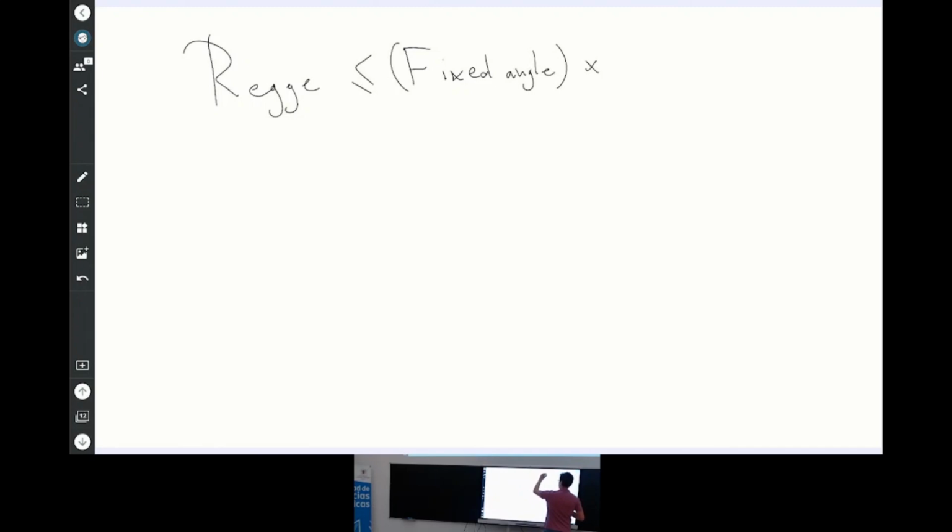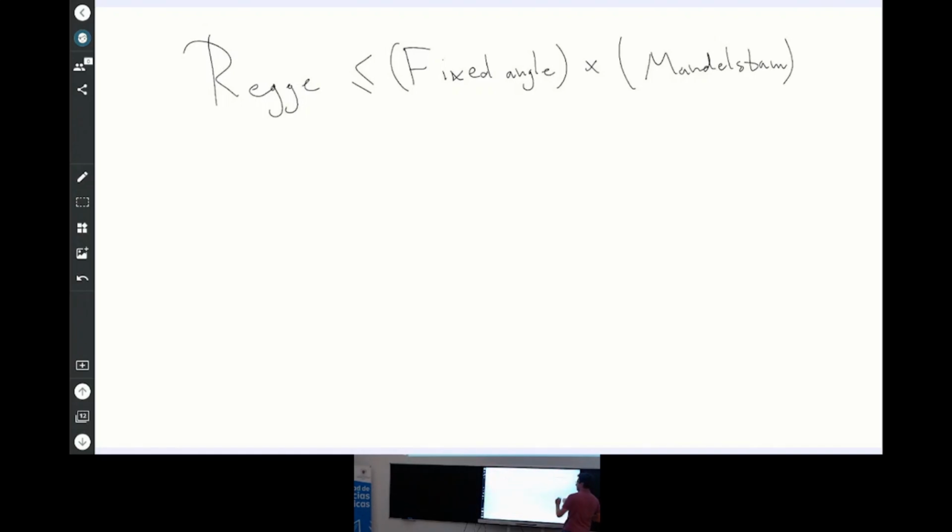The meaning of the formula is rather not that it's a lower bound on fixed angle scattering. It's rather that the Regge limit is bounded by fixed angle times Mandelstam with some prefactors.